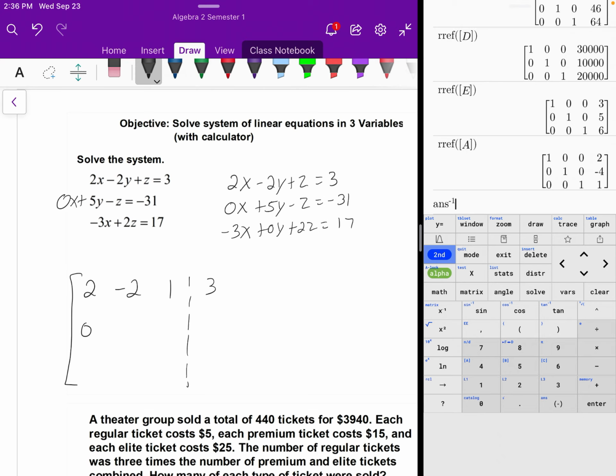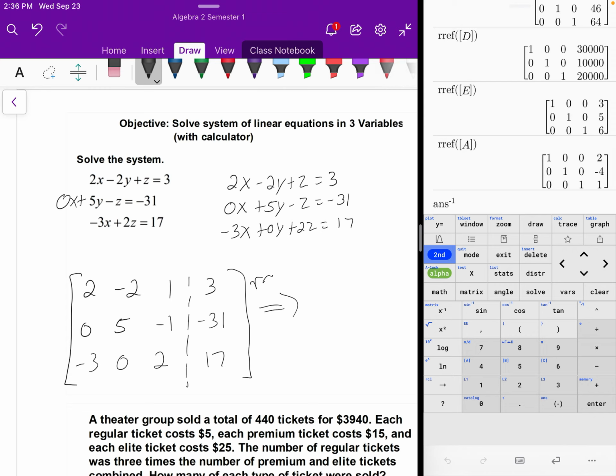Using that second equation, 0, 5, negative 1, negative 31, and then the third equation. Okay, so there's our augmented matrix, again going to reduced row echelon form, the RREF.